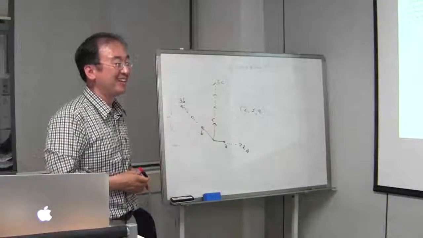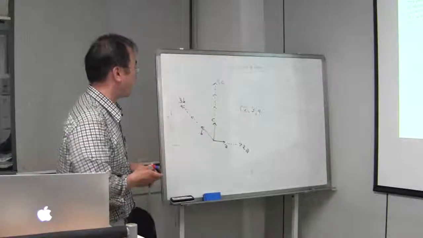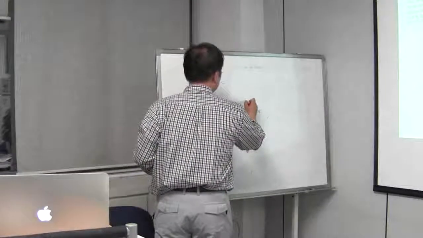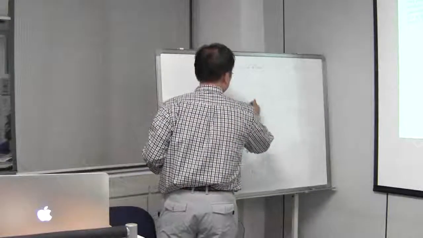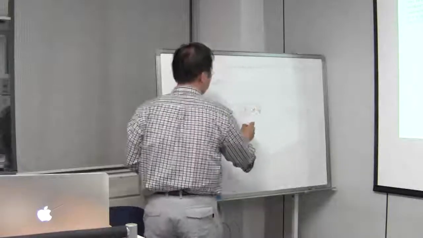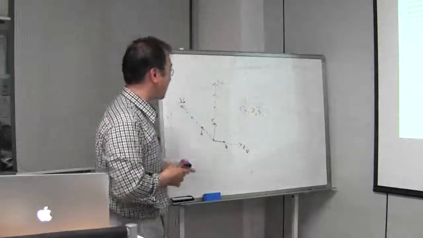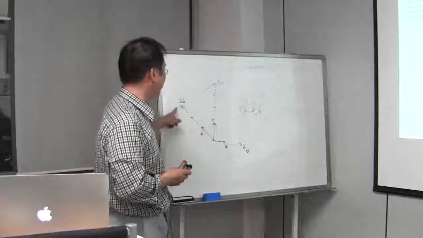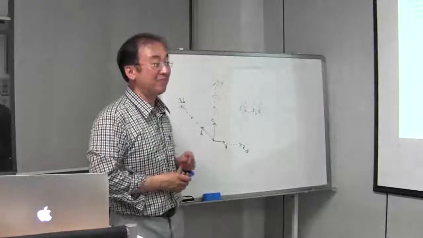Very simple. So for general HKL, this is specific to 2, 3, 4. For general HKL, we just take a multiple of A, a multiple of B, a multiple of C, and connect them.